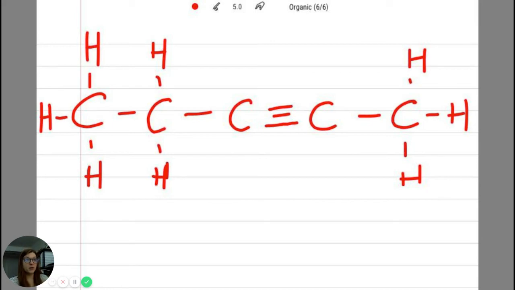Okay, there's our molecule. Notice that there's no hydrogens in this area because this carbon has 1 bond here, 3 over there. That totals 4. This carbon has 1 here, 3 there. That totals 4. They can only bond 4 times. Okay, I'm going to explain it.